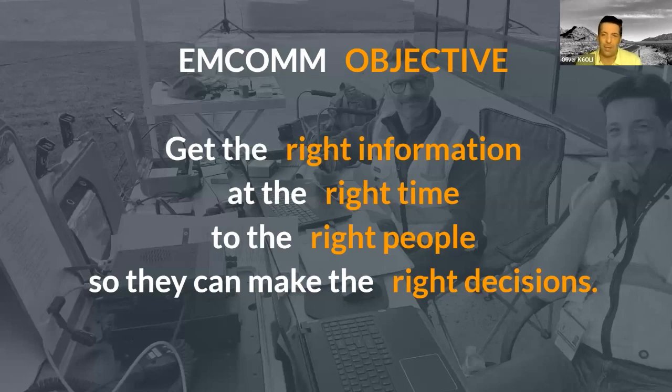In emergency communications, we have very clear objectives. In my mind, that is to get the right information at the right time to the right people so they can make the right decisions. As volunteer radio operators, we're a conduit. We are replacing commercial and agency radio systems or communication systems that may be inoperable for a short period of time.